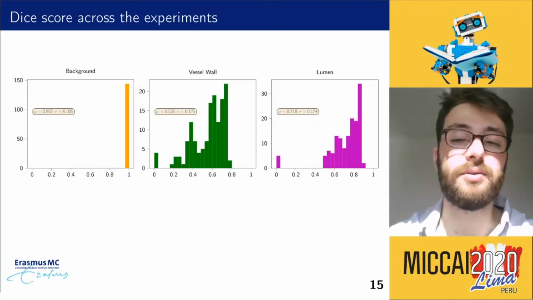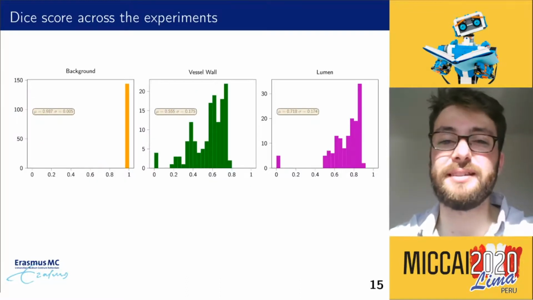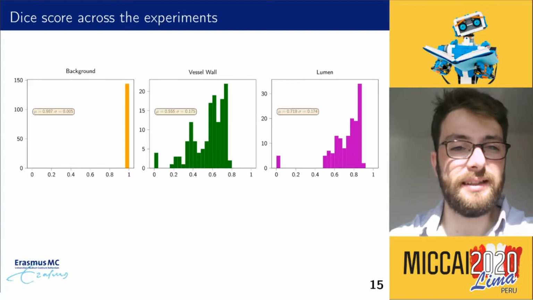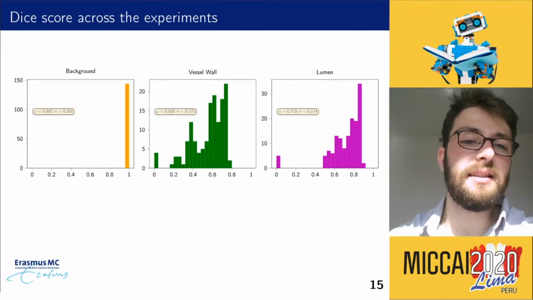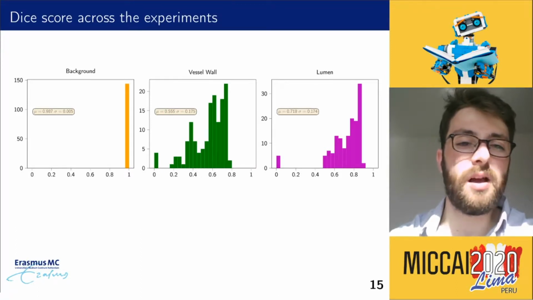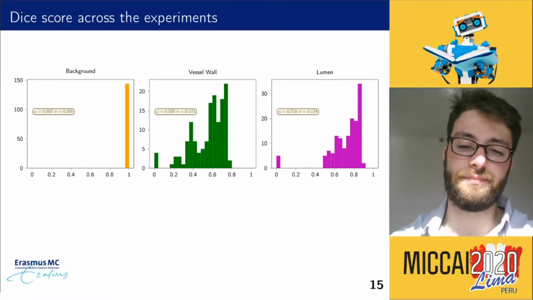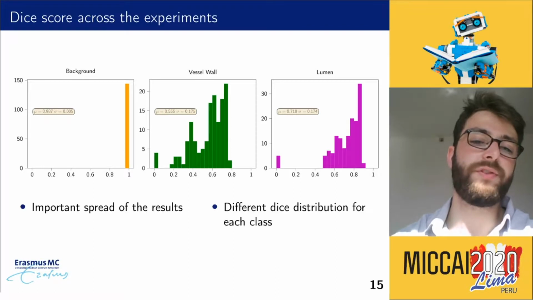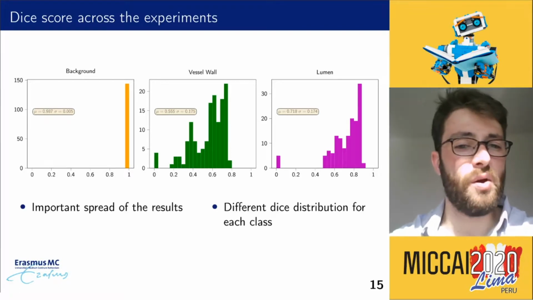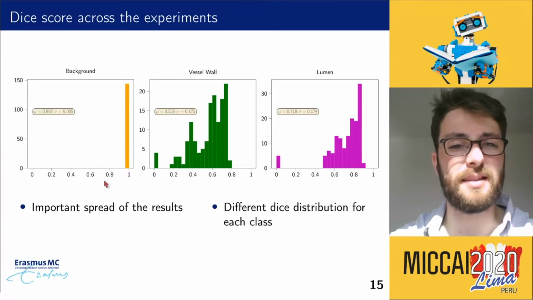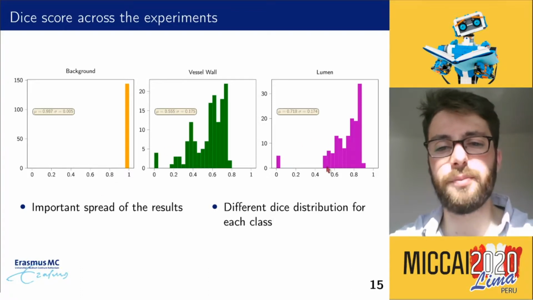Now that we have defined the experiments, let's discuss the results. The figure that you can see here is the distribution over experiments of the dice score averaged on the test sets. There are two key points to see in this figure. First, there is an important spread of the results, especially for vessel wall and lumen.